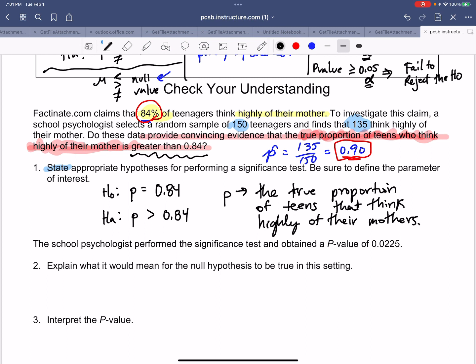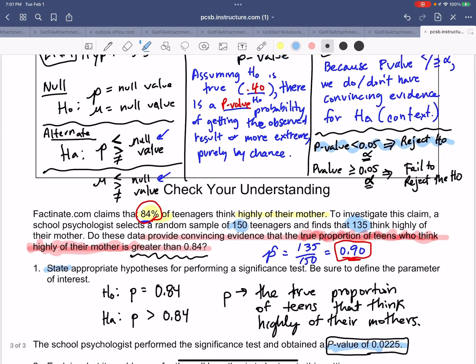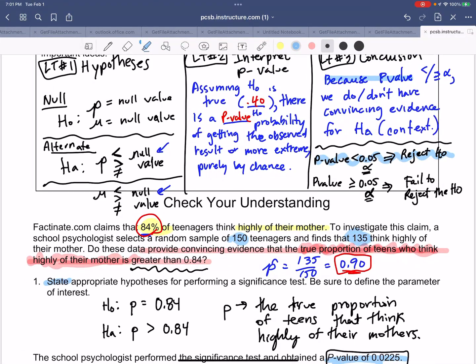Now, it says school psychologists performed the significant test and obtained a p-value. I like this p-value. The reason why I like it is that it's less than 0.05, which means I can reject the null. What does that mean? It means because the p-value is less, we do have convincing evidence for H sub A. We do have convincing evidence that the true proportion of teens who think highly of their mothers is greater.